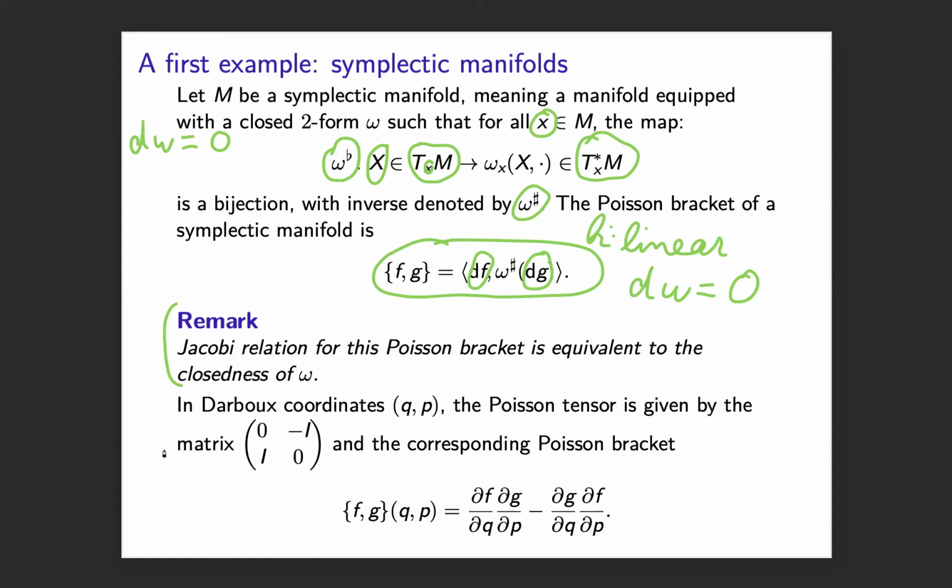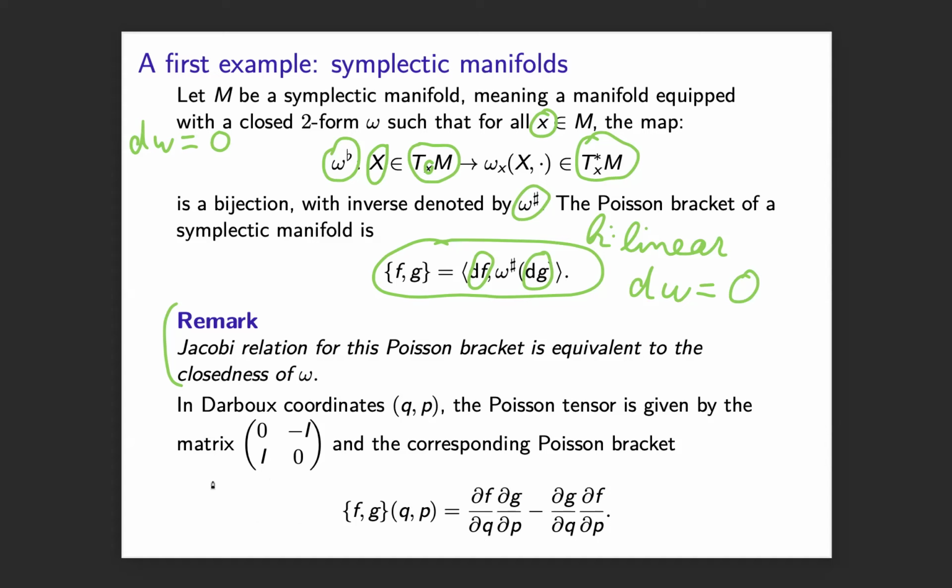So I told you that one may describe the Poisson bracket with the components of a bivector field.